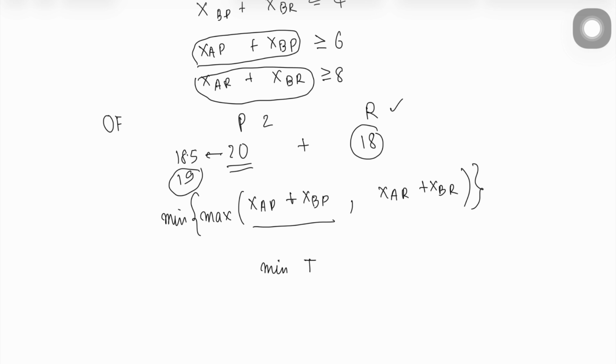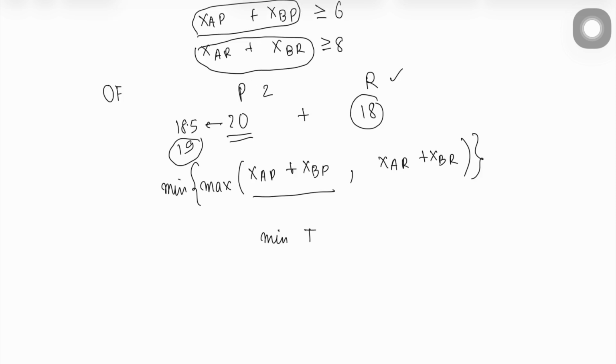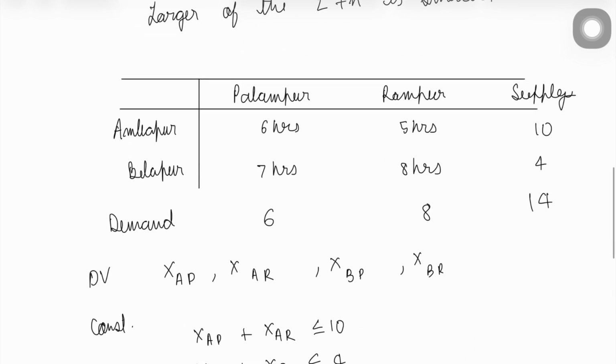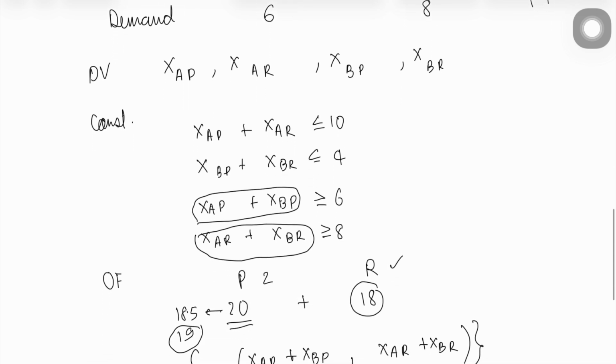So this needs to be incorporated in the equations. And one more thing, we can't simply add this, because here the objective function is to reduce the time, so we have to multiply the time component here as well.